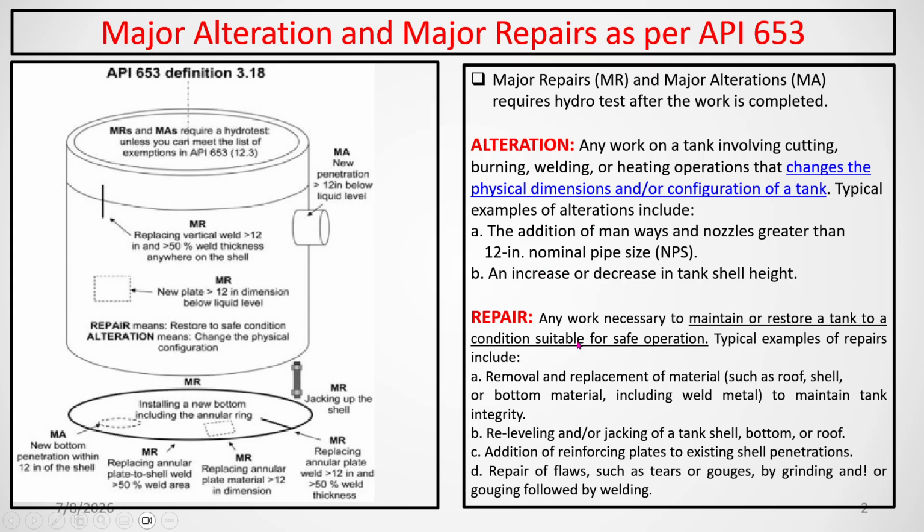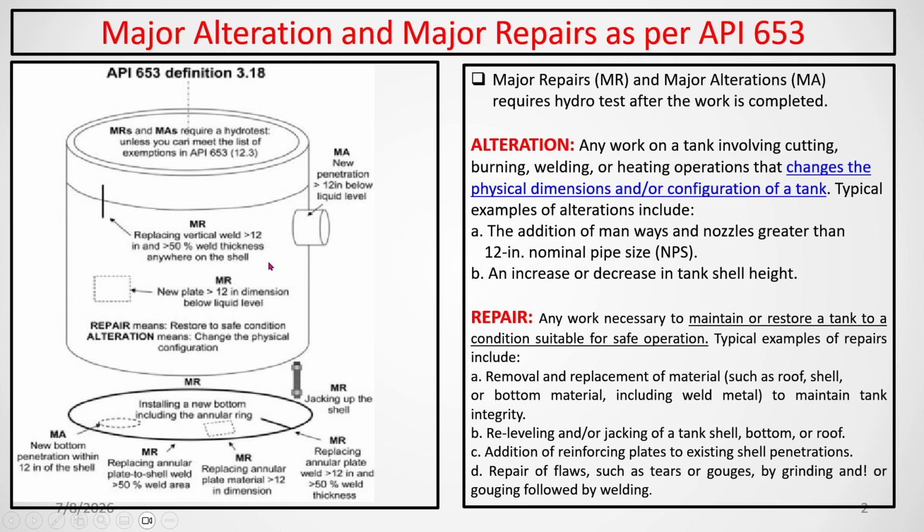Repair means any work necessary to maintain or restore a tank to a condition suitable for safe operation. Your tank is damaged, so you want to do the repair to bring it back to the same operating condition. Then it is called major repair.